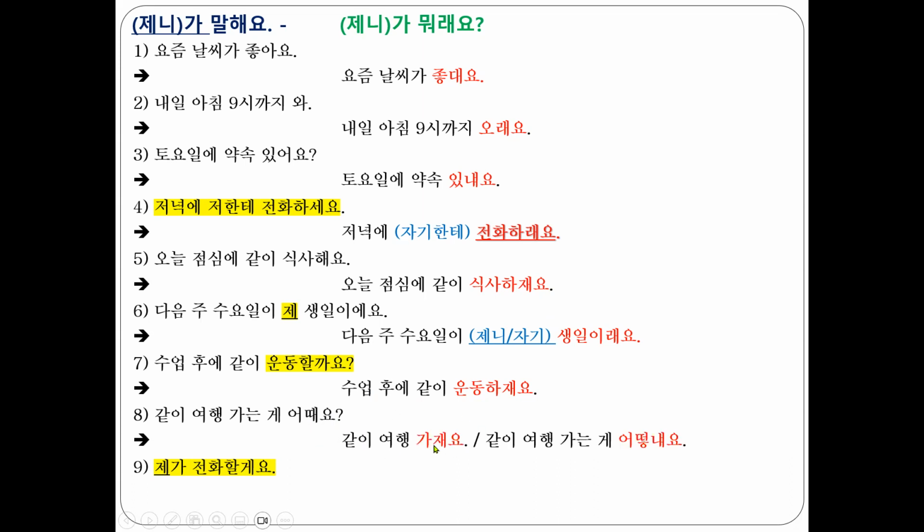She suggested to go on a trip together. Or if you want to use the question as it is, 뭐뭐 하는 게 어때요? The dictionary form of 어때요 is 어떻다. So 어떠냬요? 같이 여행 가는 게 어떠냬요?